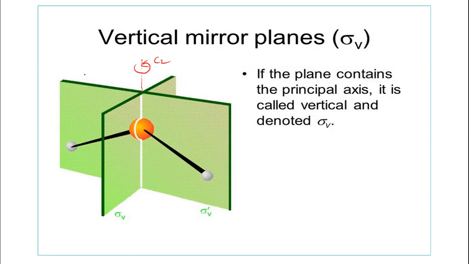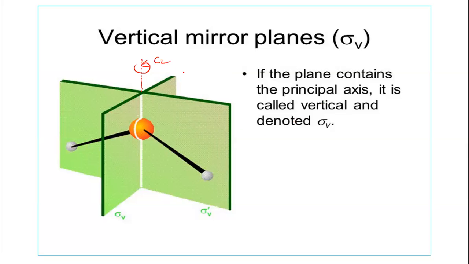And another vertical plane, you can see here, is the molecular plane where all three atoms lie. These two planes are perpendicular to each other. If the plane contains the principal axis, it is called a vertical plane, denoted by sigma v.